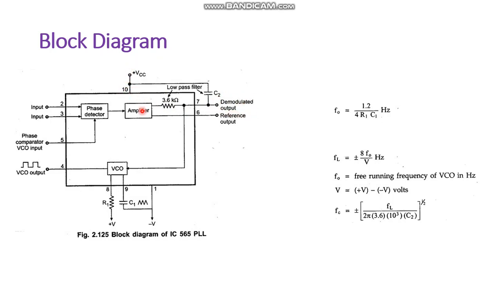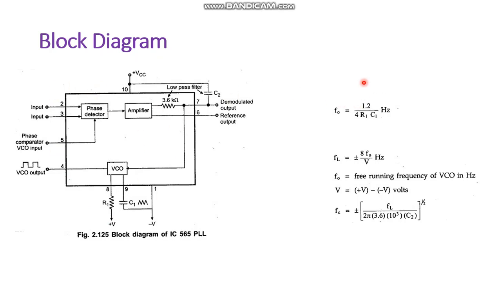Pin 10 is plus VCC, and the feedback is there to the VCO, in which at pins 8 and 9 we can connect the external resistor and capacitor, which decide the free running frequency. Pin 1 is the negative supply voltage, and the output of the VCO is pin 4, and this can be connected to pin 5, the phase comparator VCO input.